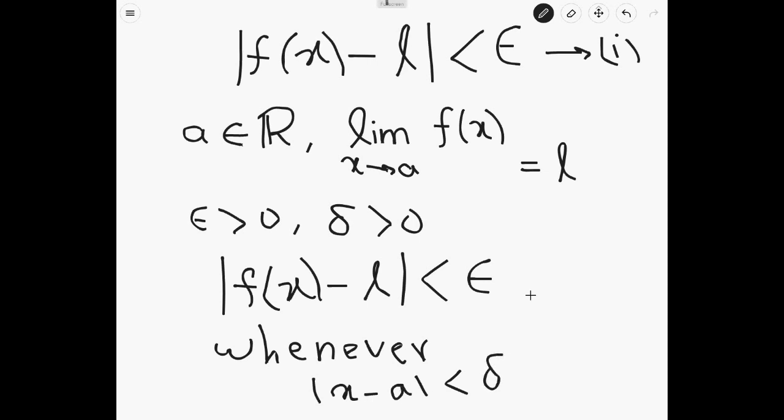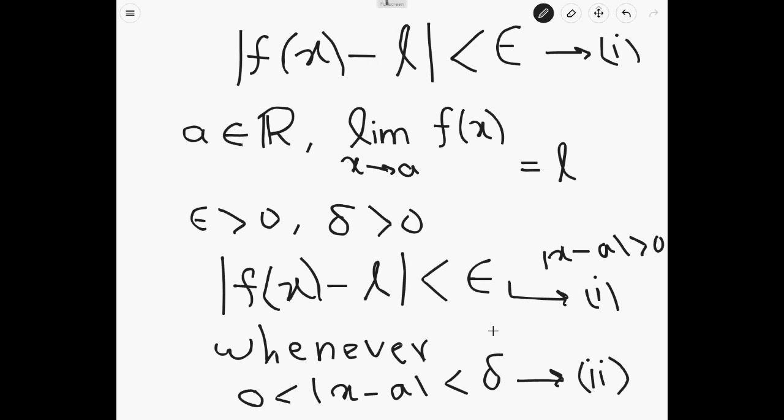And I have already mentioned that the absolute value of x minus a is always positive, it is greater than 0. Therefore I will write here that 0 is less than the absolute value of x minus a. So this is the first inequality and this is the second inequality. This completes the definition of the limit of the function in the sense of epsilon and delta.